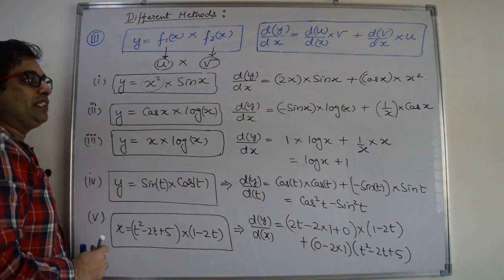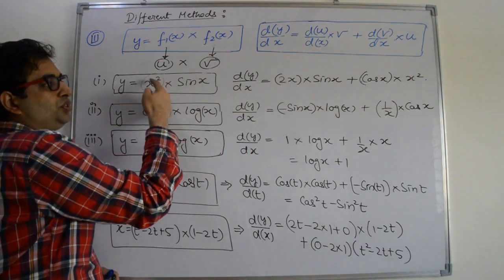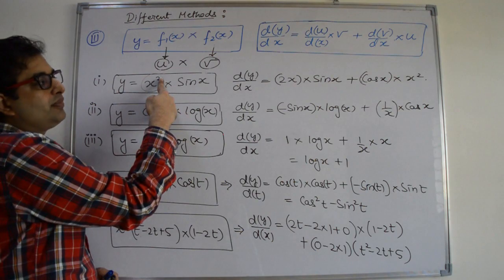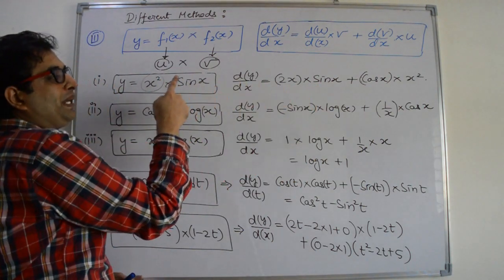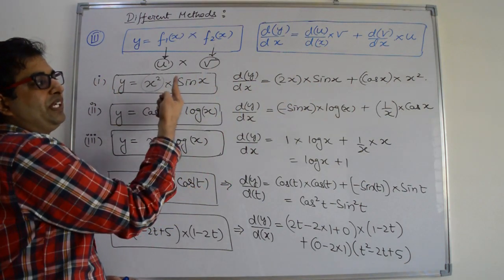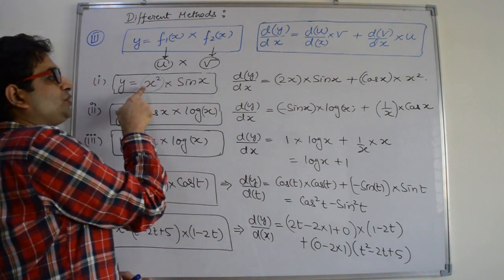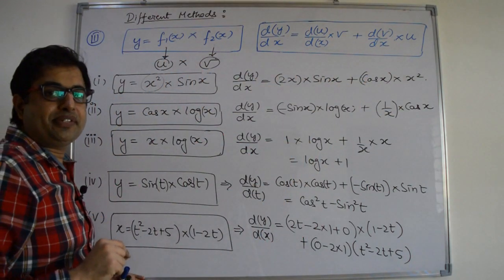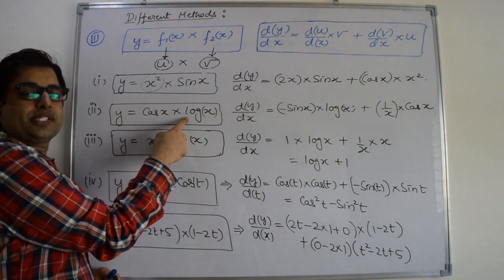So first let us differentiate x square. X square differentiation is 2 into x power 1, x power n formula. Sin x will remain in multiplication, plus, now we will differentiate sin x. Sin x differentiation is cos x. X square will remain in multiplication. Got my point?